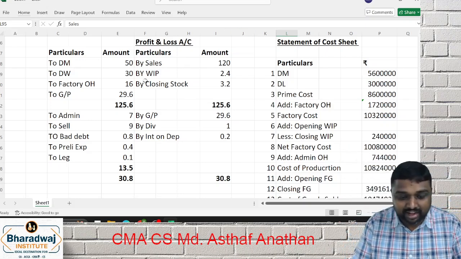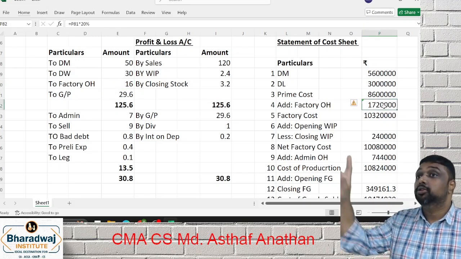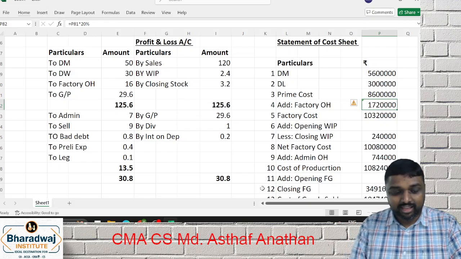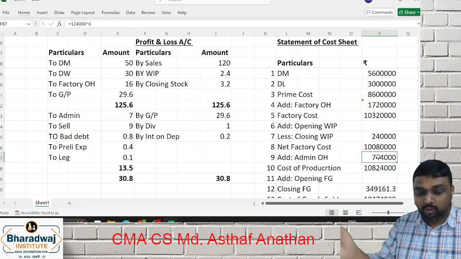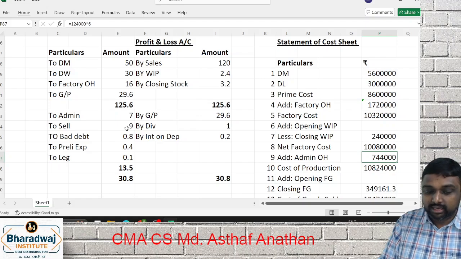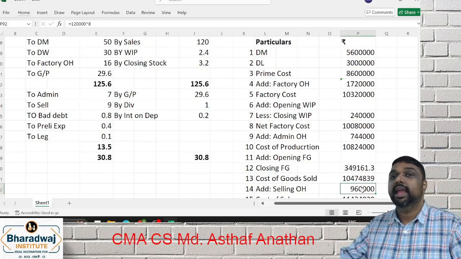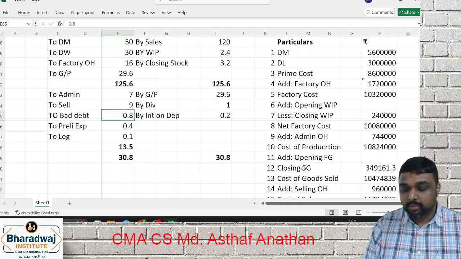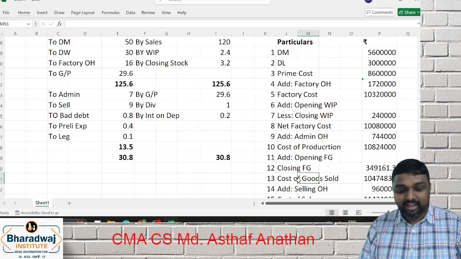How? Here factory overhead is 60 lakh, here it is 70 lakh. So costing is more, an over recovery. Here admin is 7, here admin is 1 point something. Again over recovery. Here selling is 9, here selling is 9 lakh 60. Again over. Bad debt is here but not there, so that expense is only in financial.